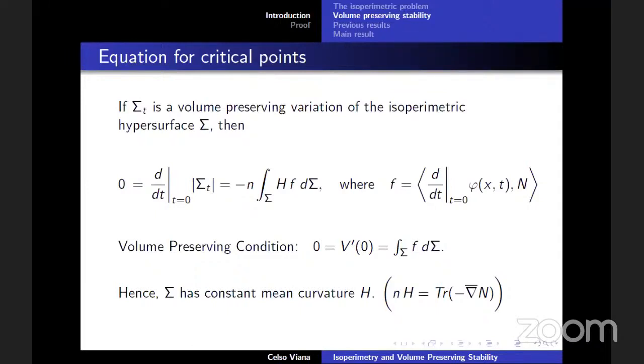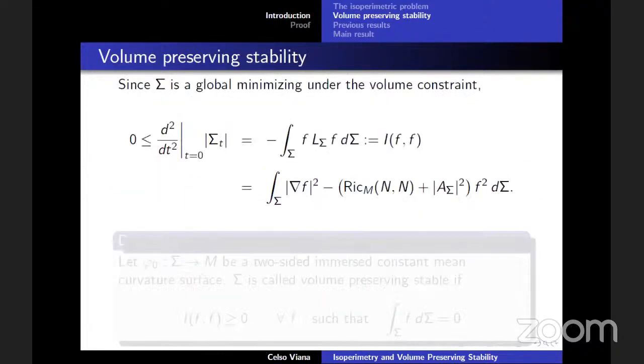Right, so we are considering global minimizers. So in particular, they minimize area up to second order, right, for volume preserving variations. And we have also a formula for that second derivative of area, which is given here.